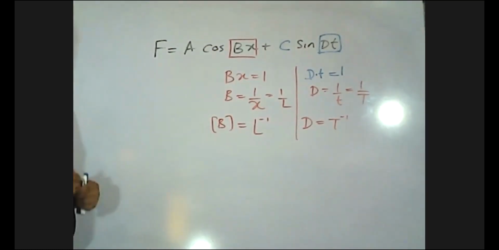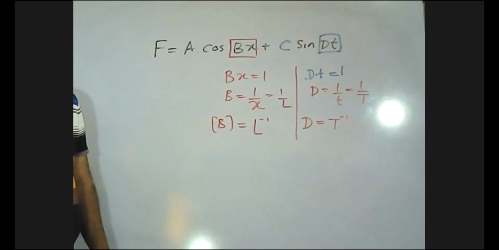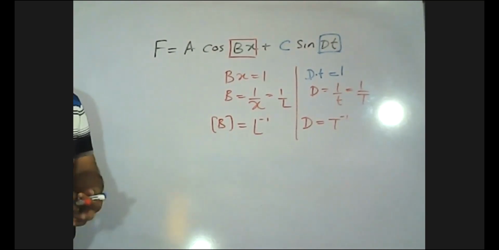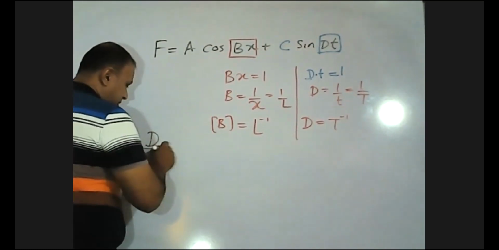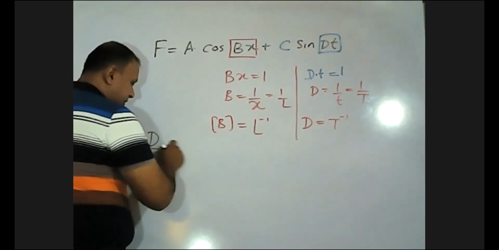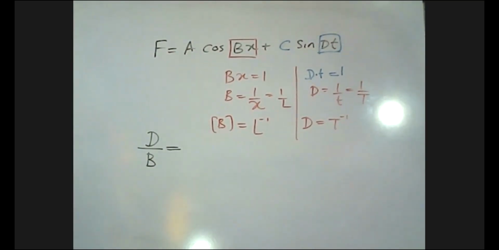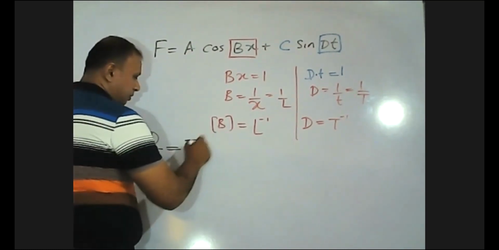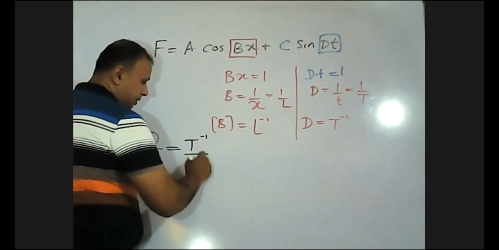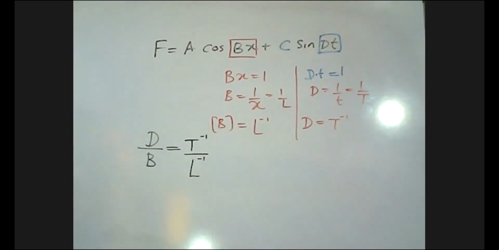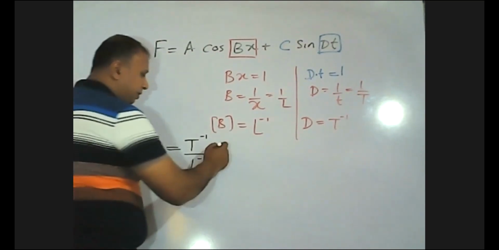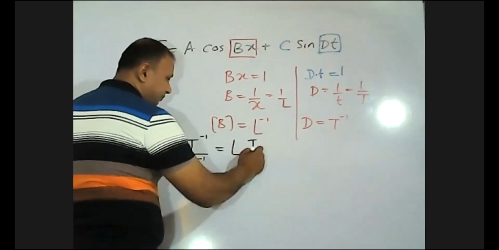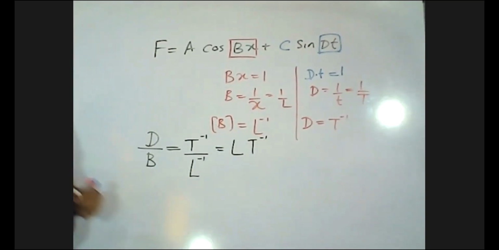Now we are asked to find d over b. So d over b is equal to T minus 1 over L minus 1. We can bring L minus 1 to the numerator, then it will be L to the power 1.